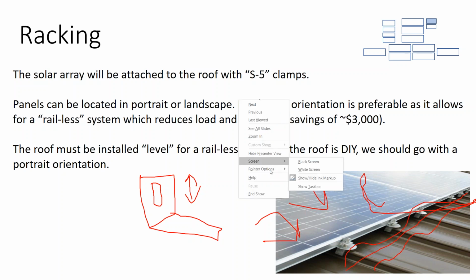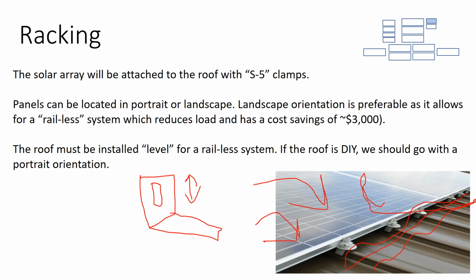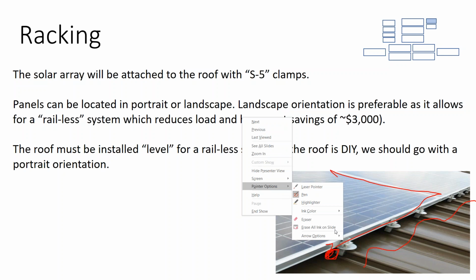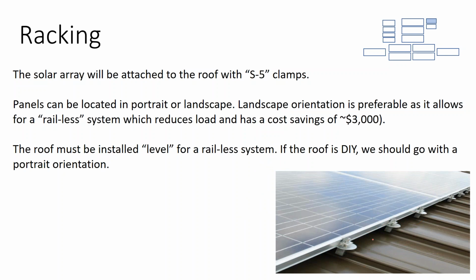So the solar installer will say, I don't like railless systems because they're more difficult to install. You don't have as much space between the roof deck and the modules, so your cable management becomes more complicated. The modules get out of square because you're not able to level the L-foot. One reason I ended up not liking the railless system is that it really didn't save us any money.